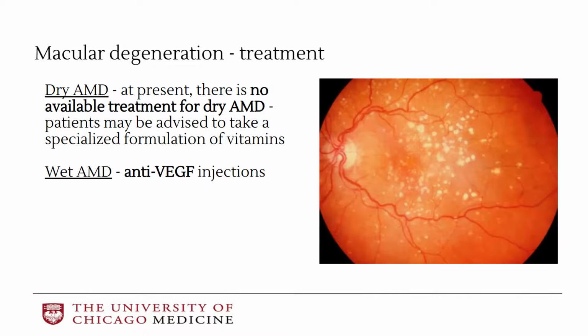But that research is ongoing. And I think her take is that there's no downside really to eating a healthy diet. It's good for your heart, it's good for your brain, and it's probably also good for your eyes.